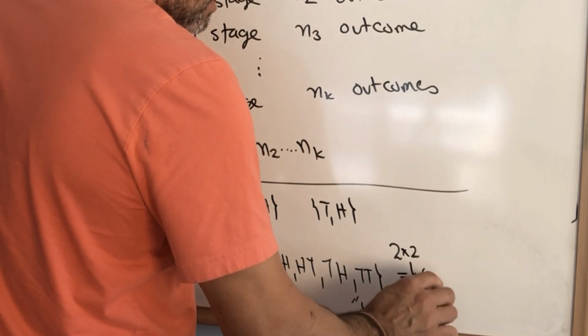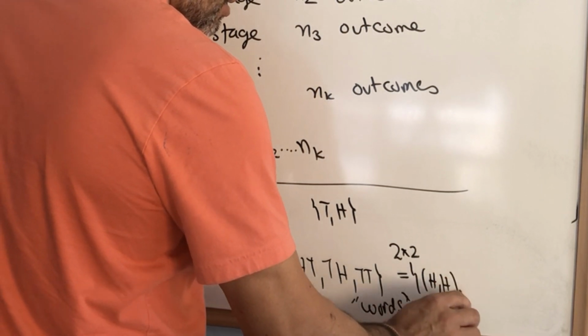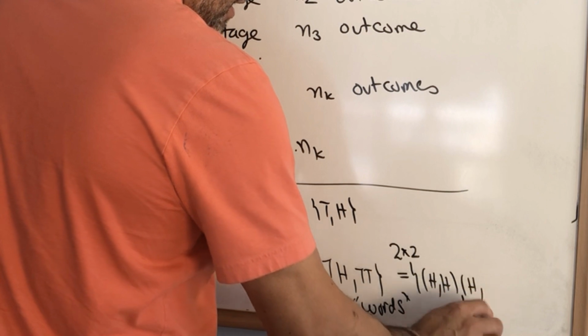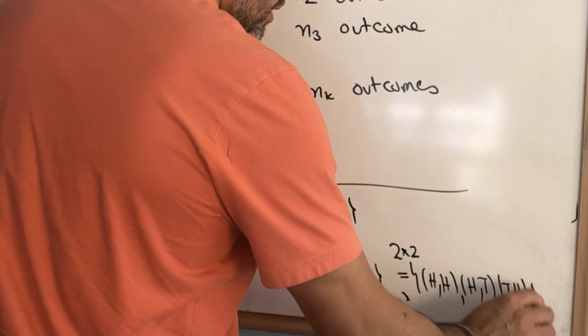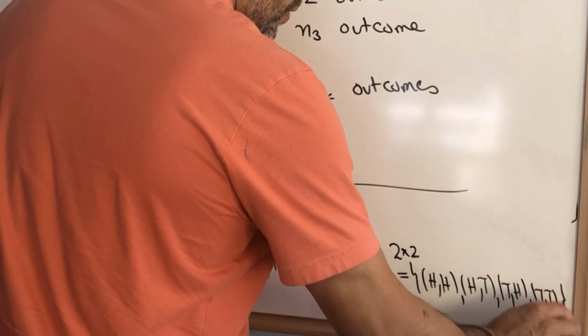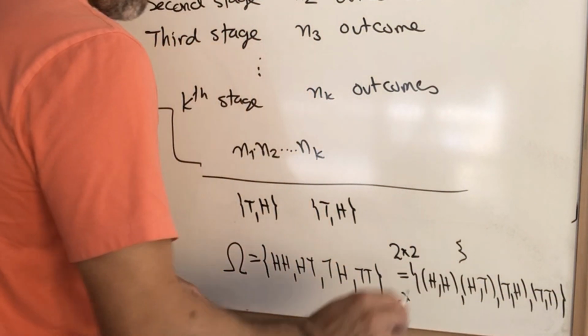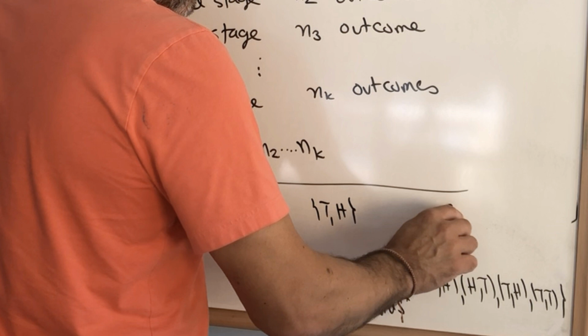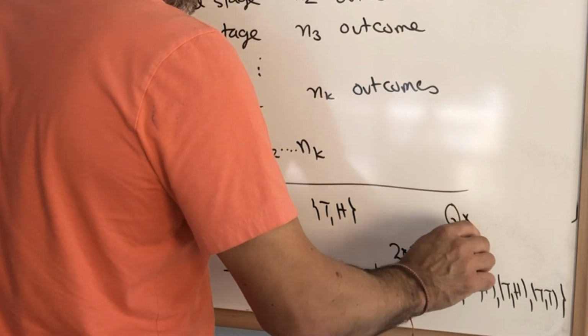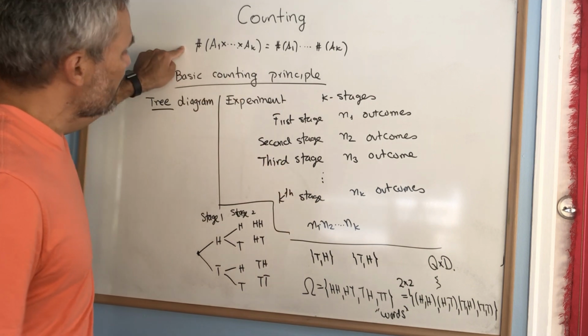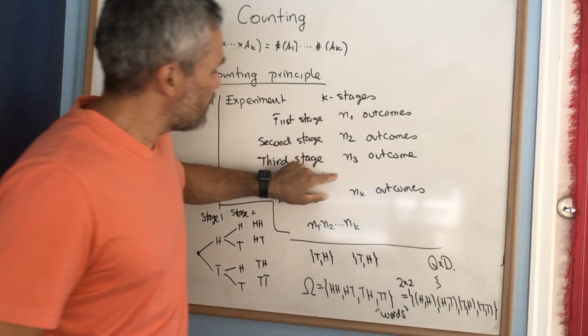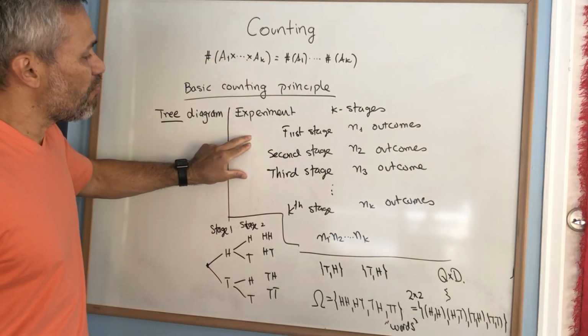Then this is just HH, HT, TH, and TT, which is just what we denoted in the previous example as Q Cartesian product with D. This formula is a particular example of this, but this is a little more general.